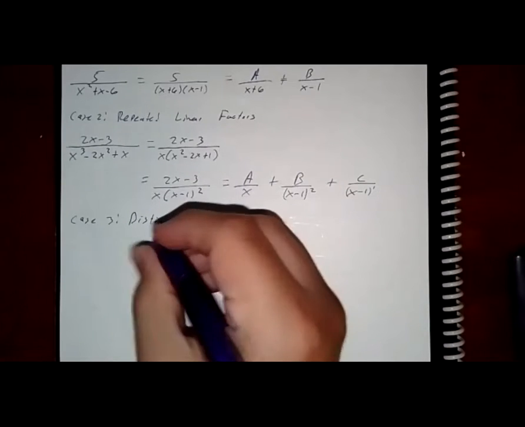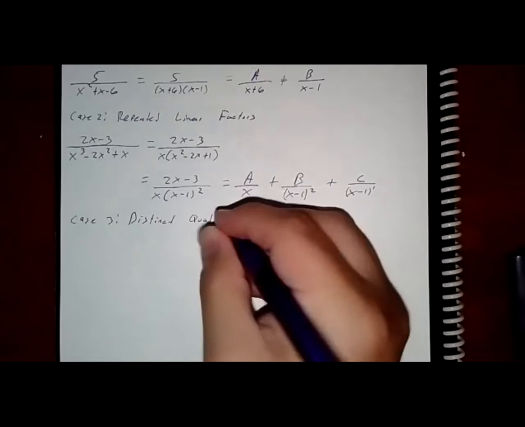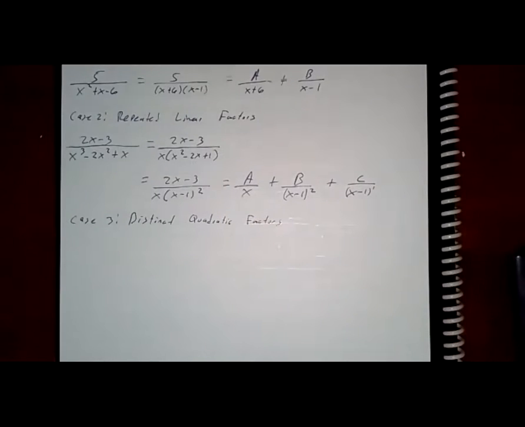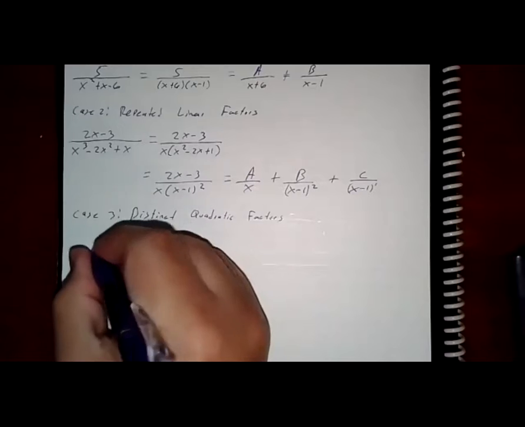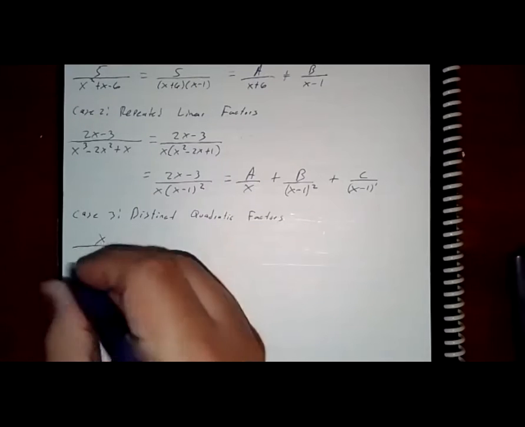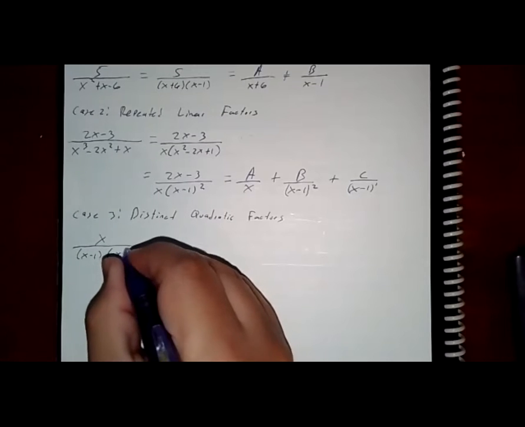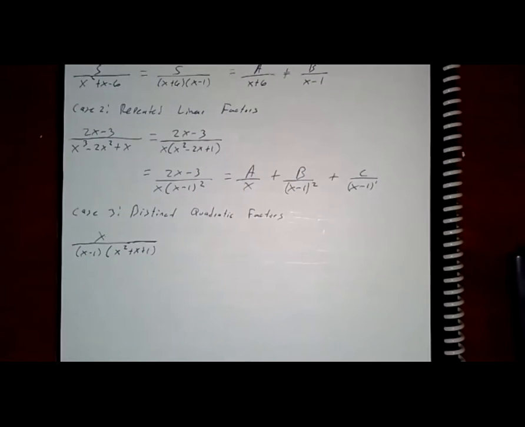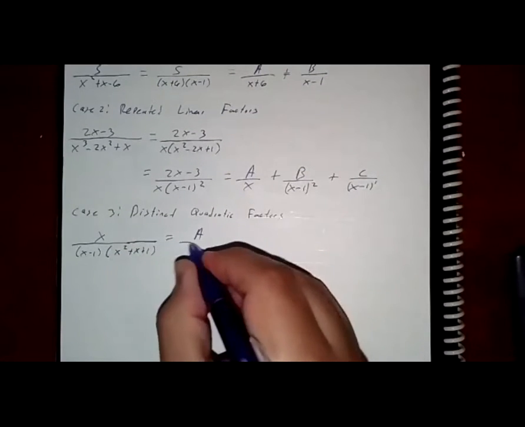Distinct quadratic factors. So this is the one you can't factor. So something like this. Let's say the first one is just a linear term, but then you have this weird term. So this one doesn't factor. So you still just do the A over the first one.